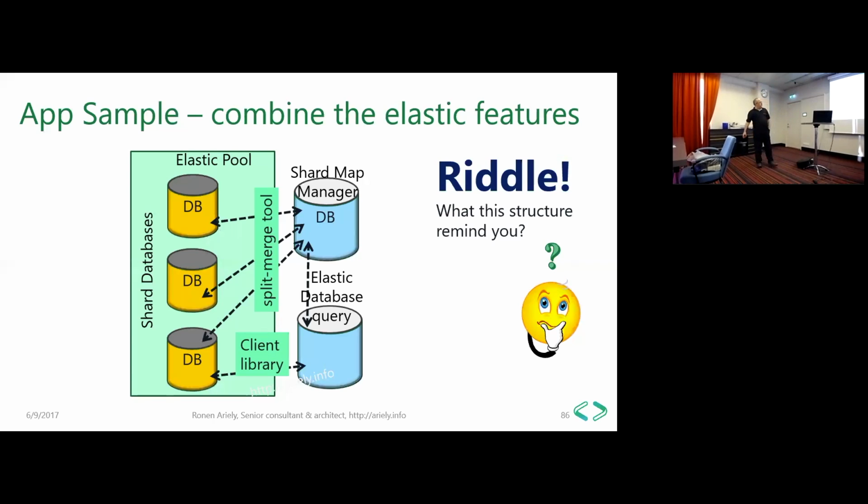Shared map database. Basically like the control database in the job, this is the database that will include all the metadata of our shared system. So this is our metadata database. Let's go down. We see Elastic Database Query. Elastic Database Query is a tool that allows us to execute cross-database queries.